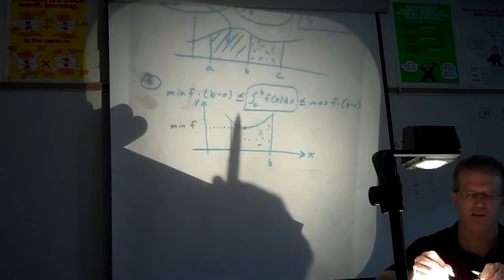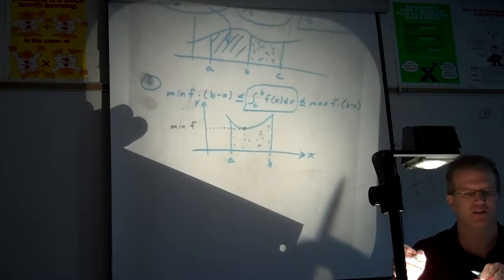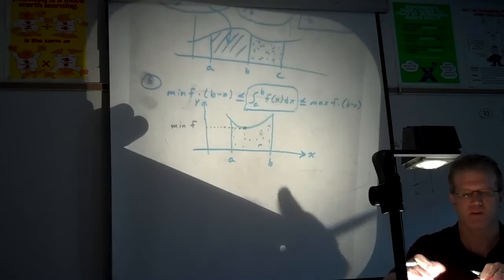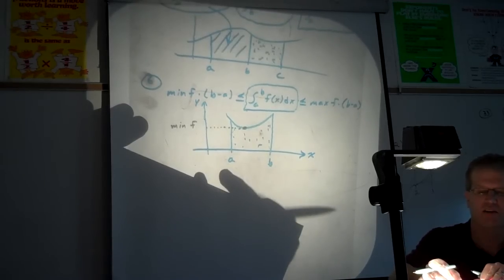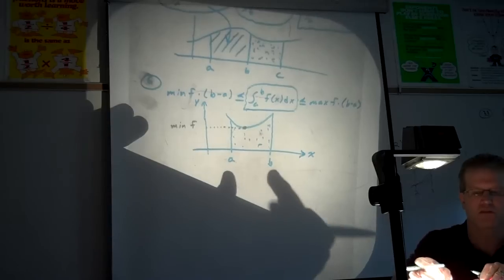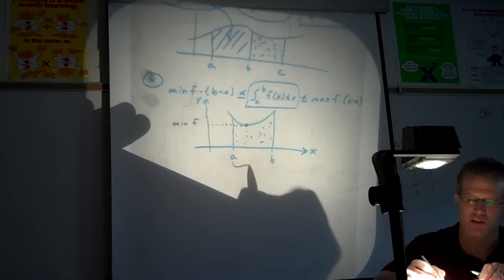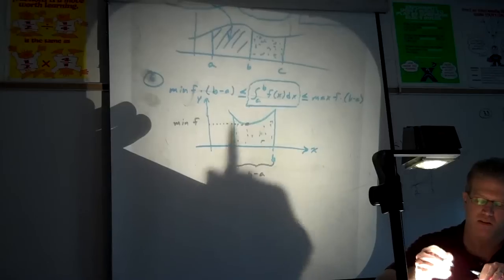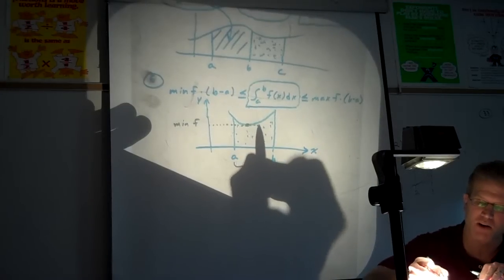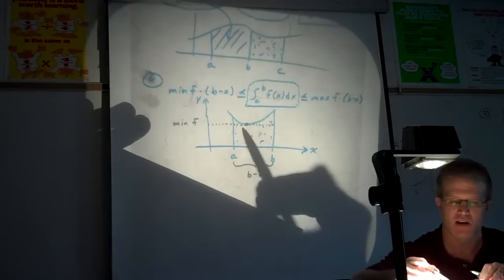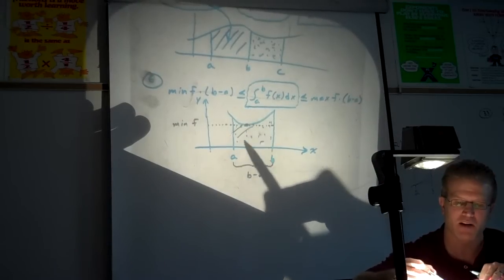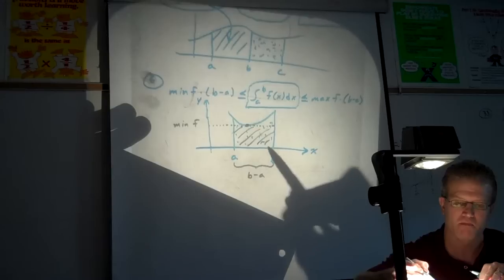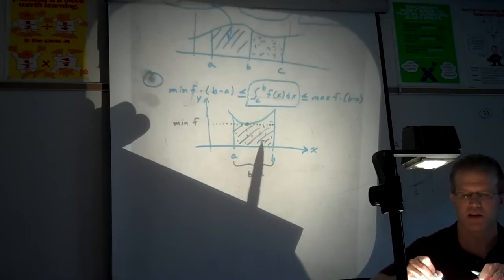How about b minus a? What's b minus a on the picture? If this is b and this is a, what's b minus a? The distance between them, yeah. So this distance right here is b minus a. This height, let me draw my line all the way across, and I'm going to put some stripes in this box right in here. How would you find the area of that rectangle?